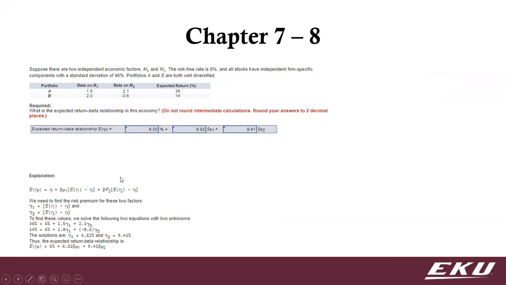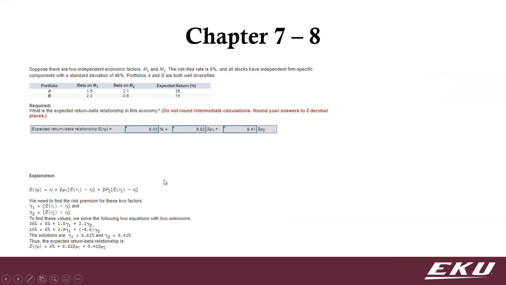And what they've done is they said, instead of just having beta, let's turn that into 2 different measures. And so that's what we end up doing, is trying to figure out what these 2 different betas would be. One for some set of economic factors and one for a different set of economic factors, right?